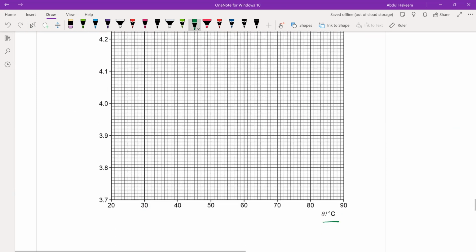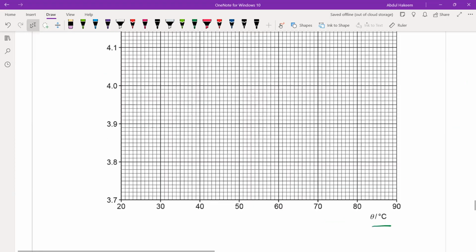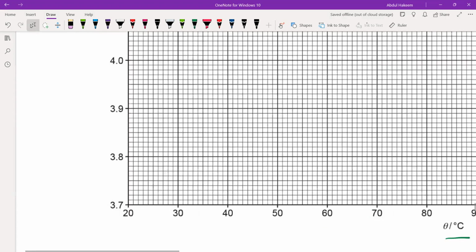So the first point is 23 degrees Celsius and 3.81. So 23 degrees Celsius. So 21, 22, 23 and 3.81. So this is the point. So put the cross. Next in the table is 35 and 3.99.